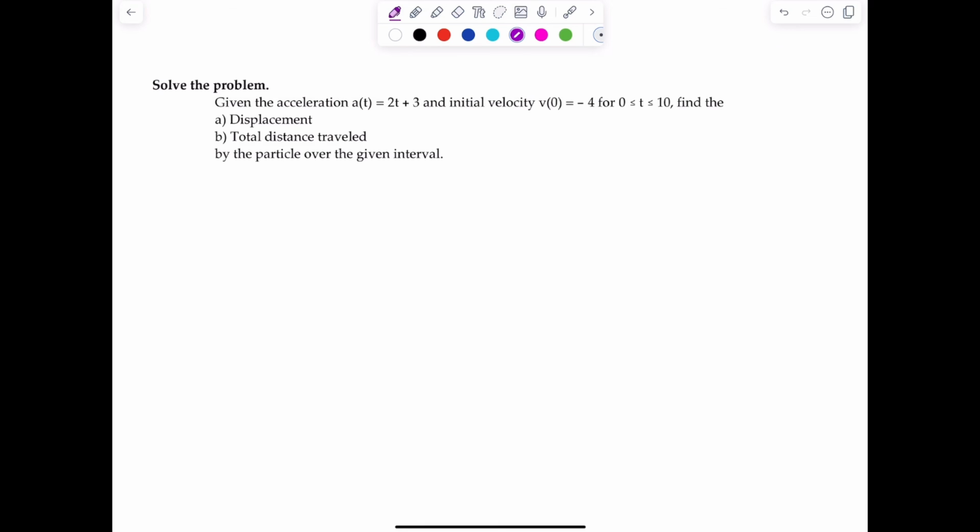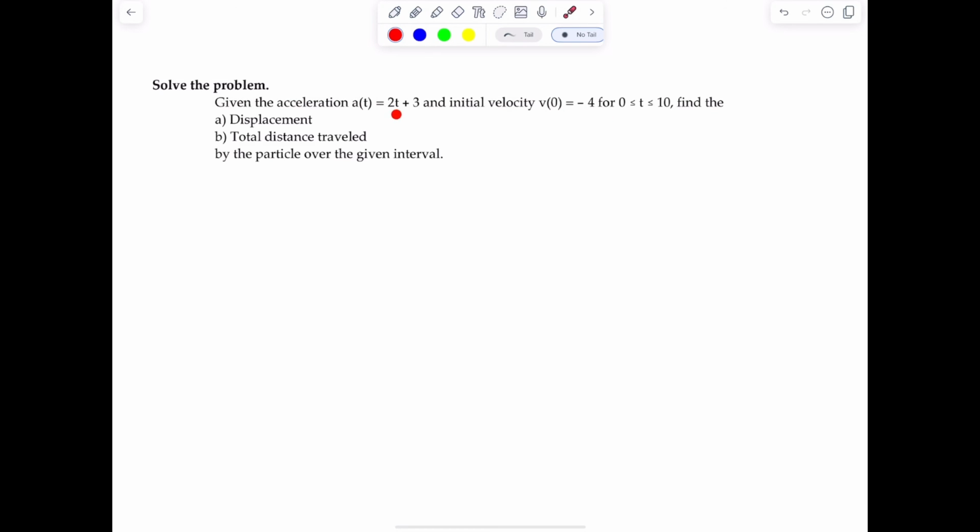Now, the formula for displacement and total distance traveled depends on which function you're working with. When you first learned the concept, you worked with the position function. Can I get the position function based on what they gave me? They gave me acceleration, which is two derivatives of the position function, and they gave me an initial velocity.